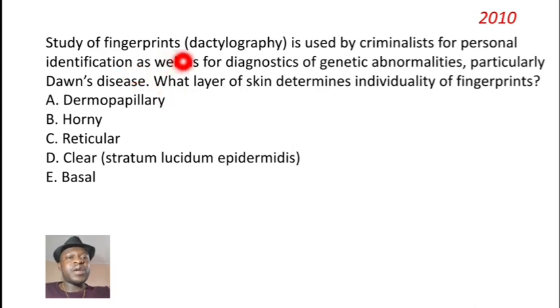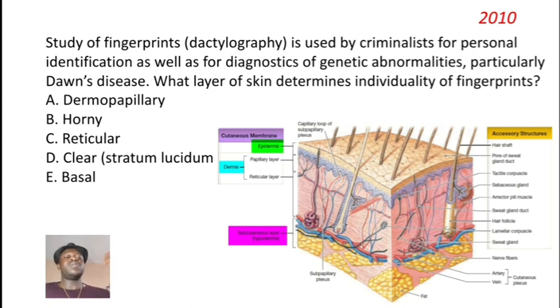The study of fingerprints, dactylography, is used in criminals for personal identification as well as for diagnosis of genetic abnormalities, particularly Down syndrome. What layer of skin determines the individuality of the fingerprints? This is just the basic layout of the skin structure.